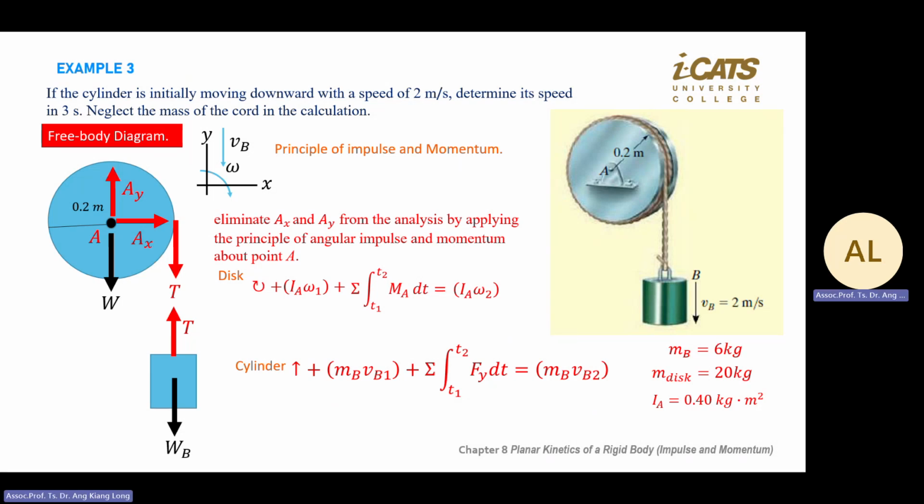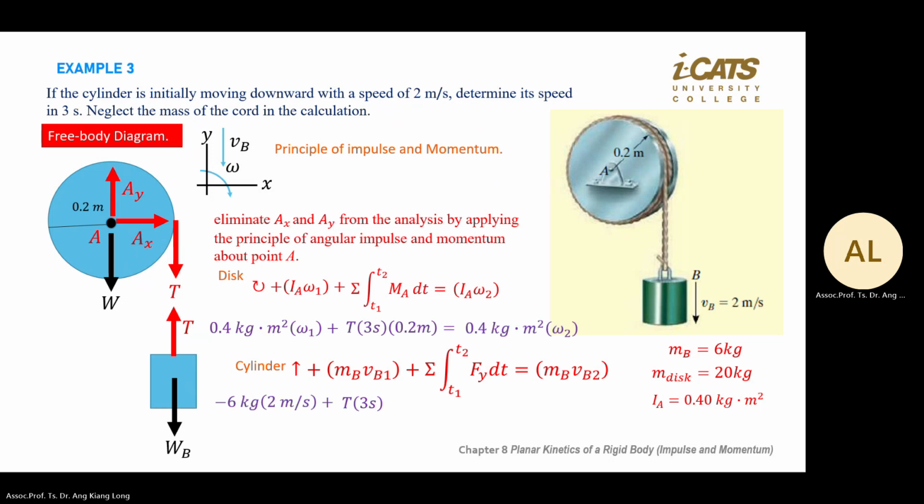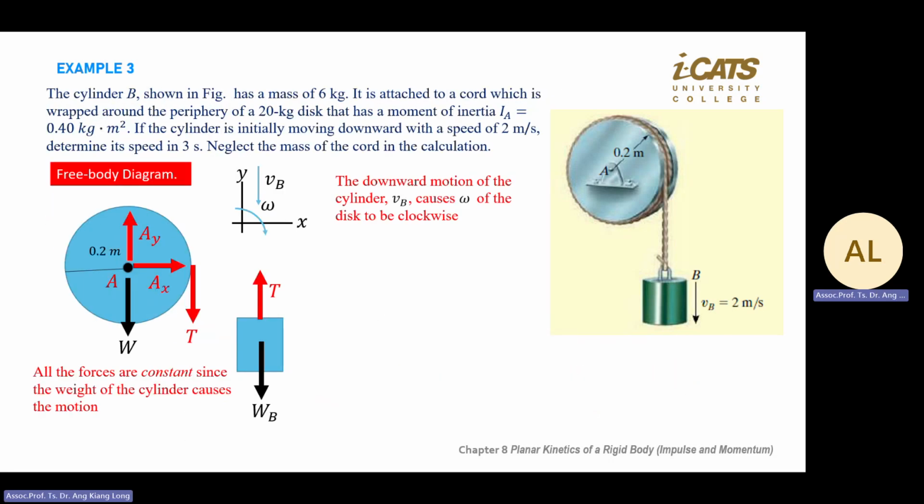If you take 6 multiplied by 9.81, what is it? It's 5 point something, right?